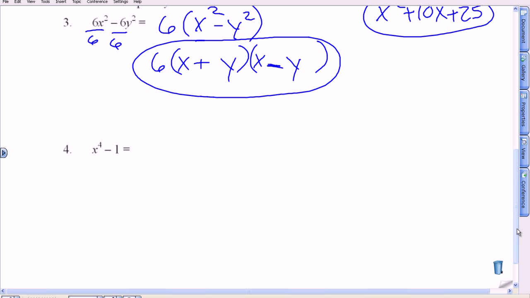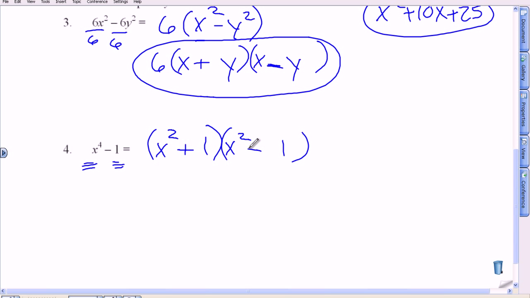Number 4, remember we take the square root of an exponent by dividing it by 2. So when I take a look at this problem, I can take the square root of x to the 4th. I am able to take the square root of 1, and there is a minus sign. This is difference of two squares. The square root of x to the 4th is x squared. The square root of 1 is 1, and I do a plus minus.